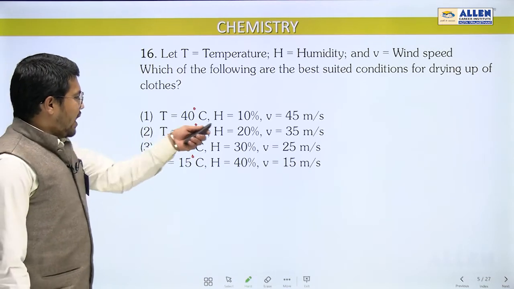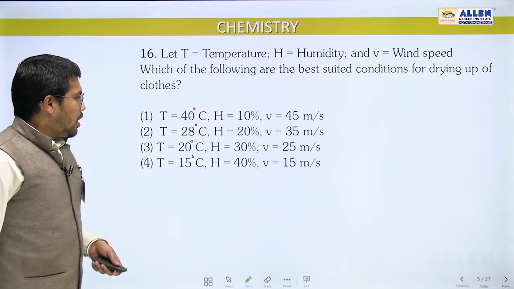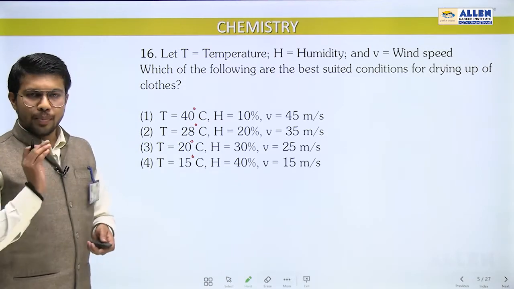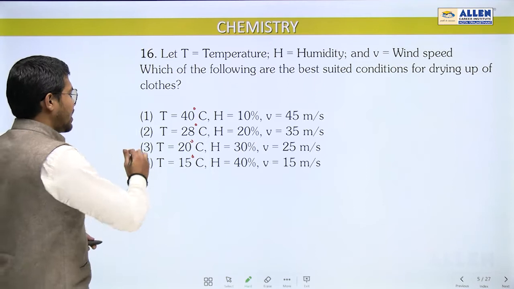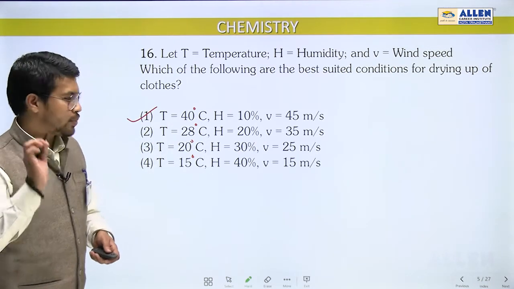If we carefully look at these options, the best suited option we get is the first one. Why?